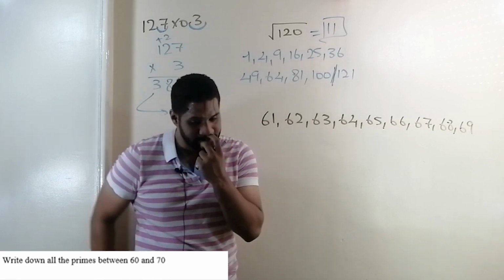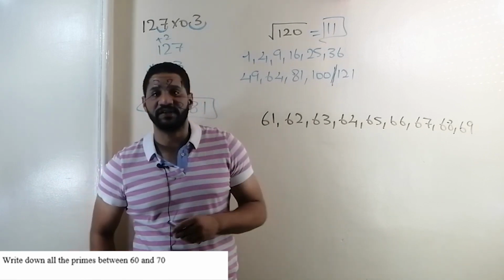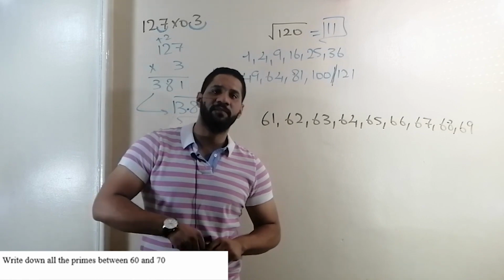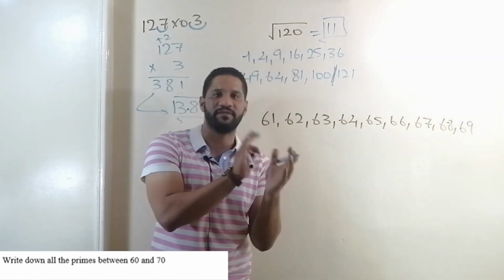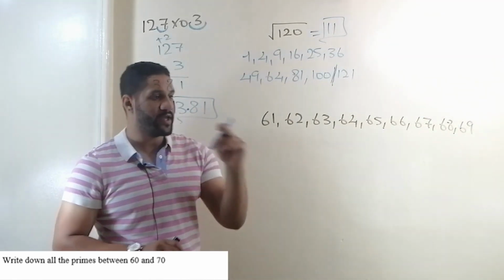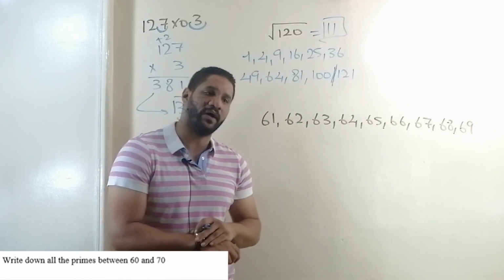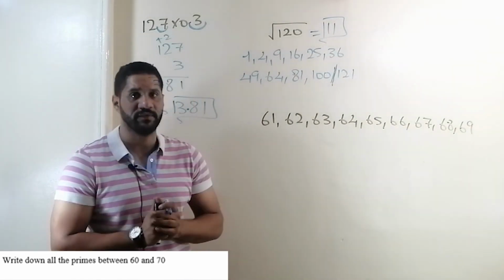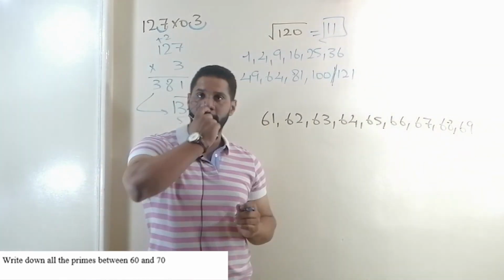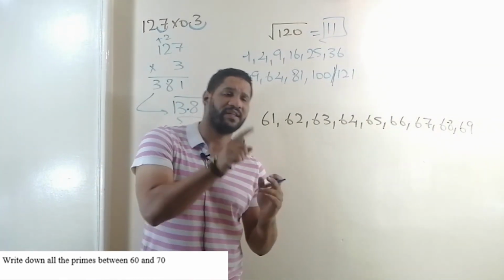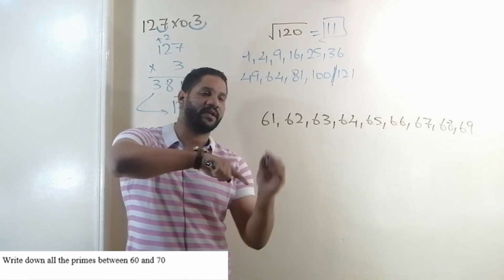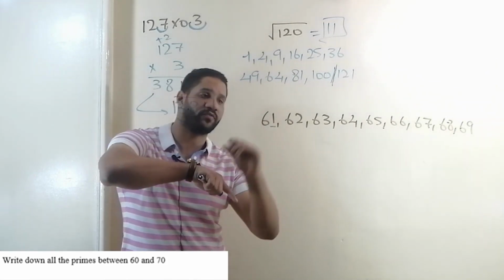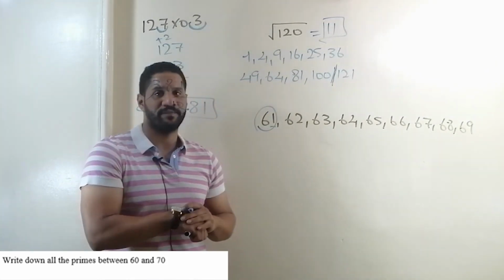Let's take them step by step. If you look at 61, it's not an even number, so let's see if it's prime. Is it divisible by 3? No, because 6 plus 1 gives me 7, and 7 is not divisible by 3. Since the number is not divisible by 2 or 3, and the last digit is not 0 or 5, it's a prime number.